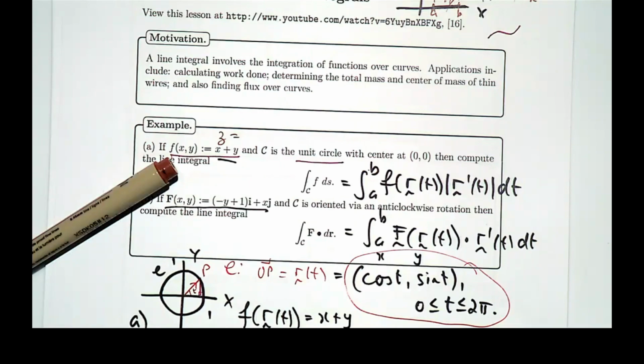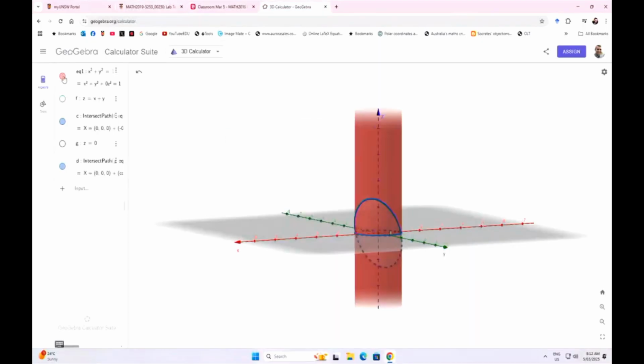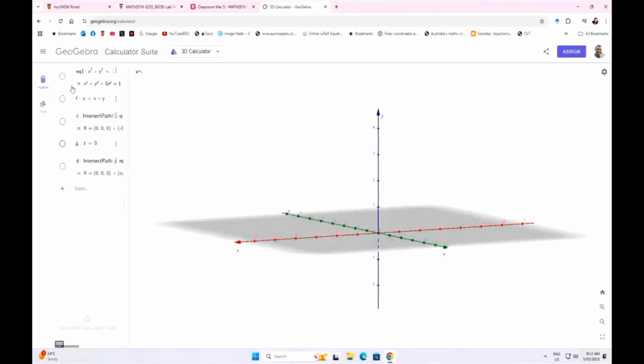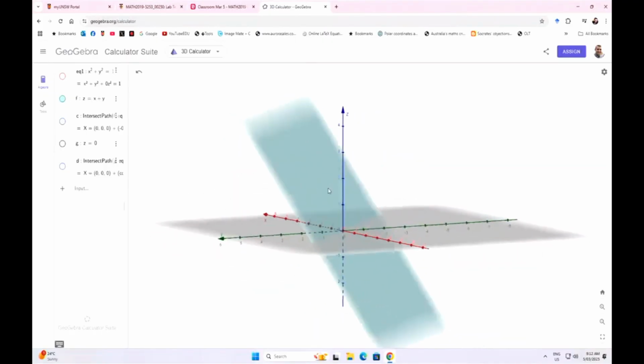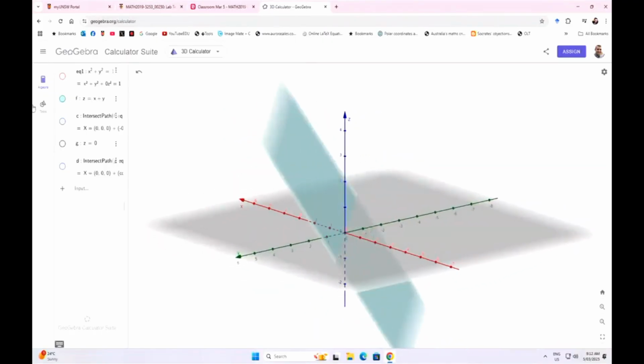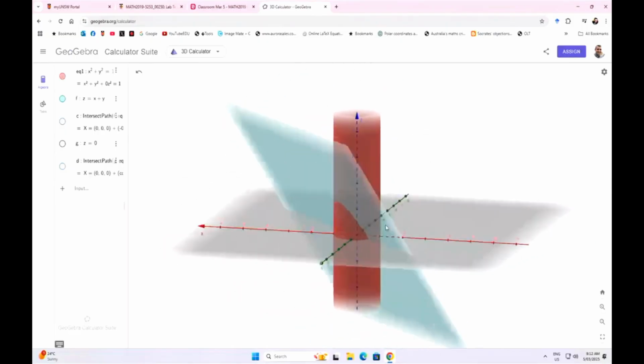Let me show you a picture from yesterday, just to refresh our memory. Here's the surface. We're integrating around a circle in the xy plane. So in 3D, that'll be a cylinder.